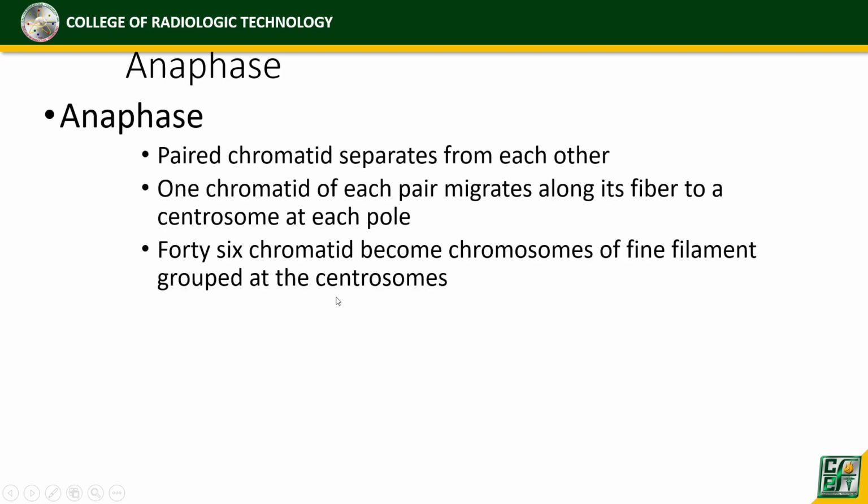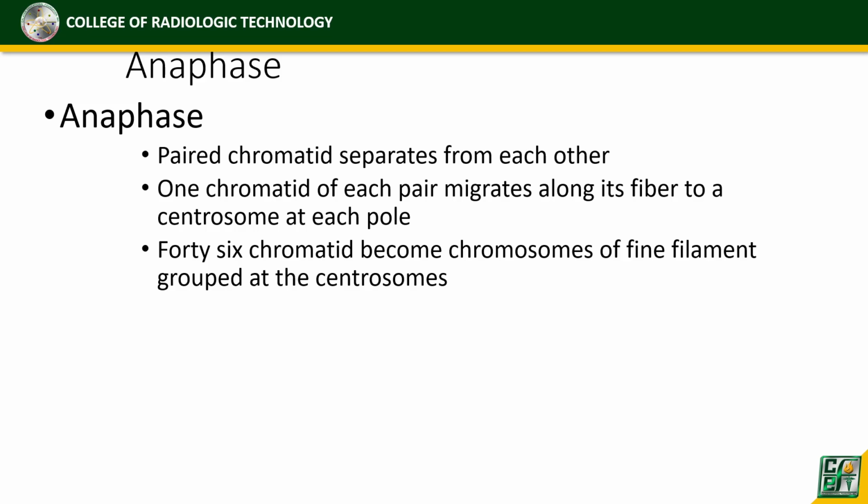Then anaphase. So, yung paired chromatids, kung kanina ay halos magkasama pa siya. Okay? Pagdating dito, it is already separated from each other. Okay. One chromatid of each pair migrates along its fibers to the centromere of each pole.